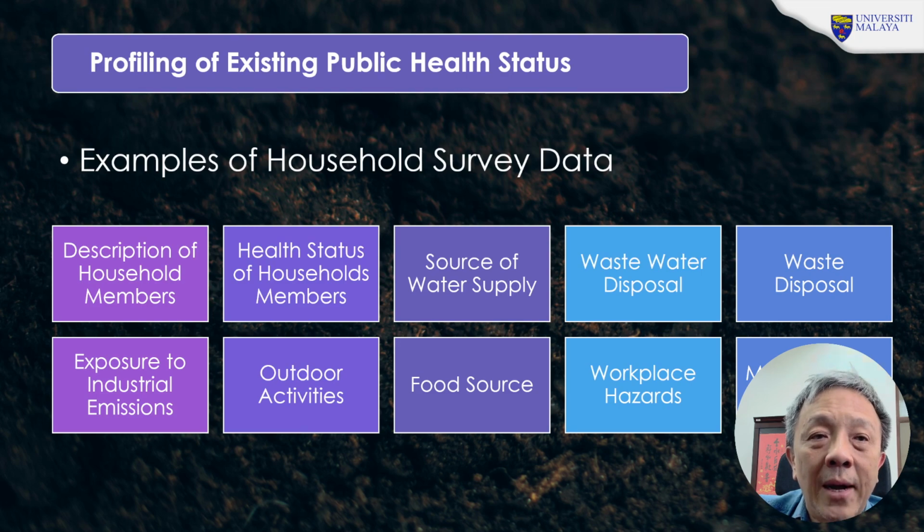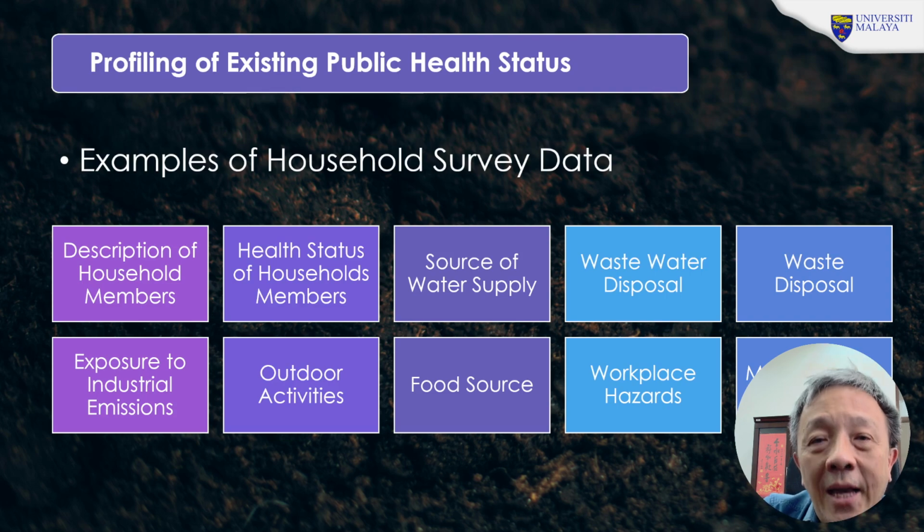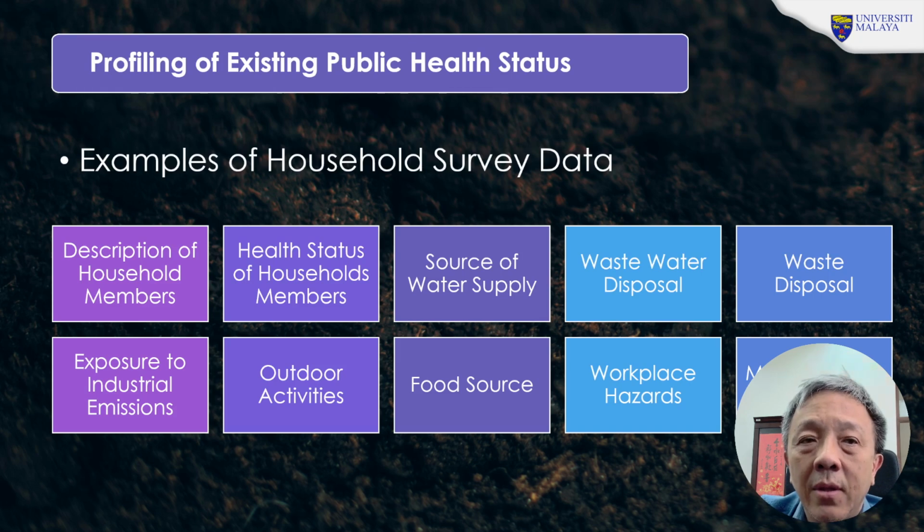Is it from the market, local, or from self-planting or self-sourcing from the environment or the forest? And also we need to identify how many of the household are exposed to workplace hazard. And finally, look at the main concern of the household on the project, particularly focusing on health concern.